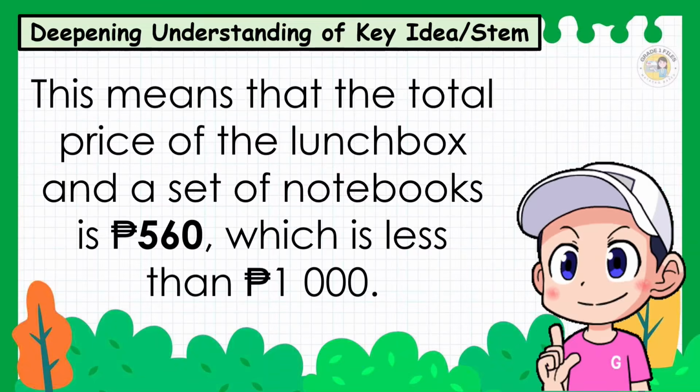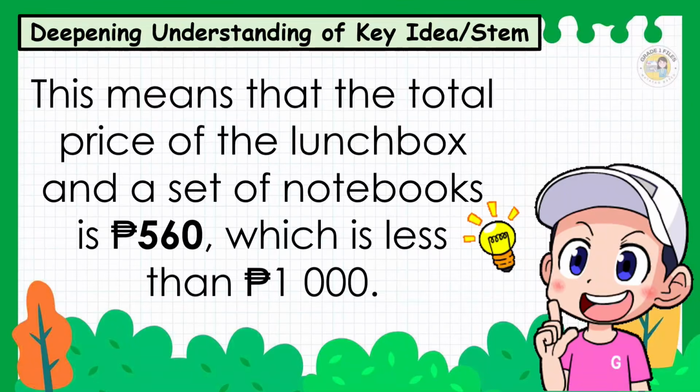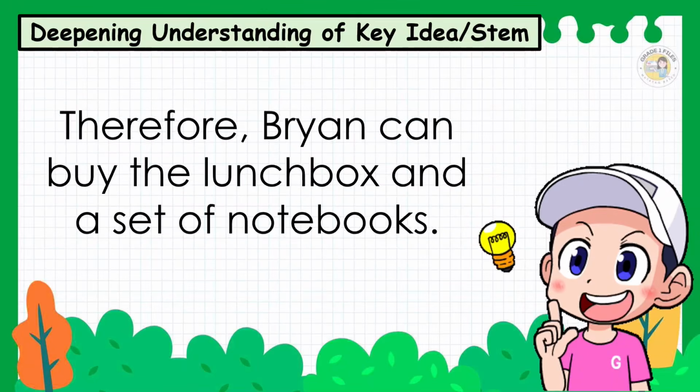This means that the total price of the lunchbox and a set of notebooks is 560 pesos, which is less than 1,000 pesos. Therefore, Brian can buy the lunchbox and a set of notebooks.